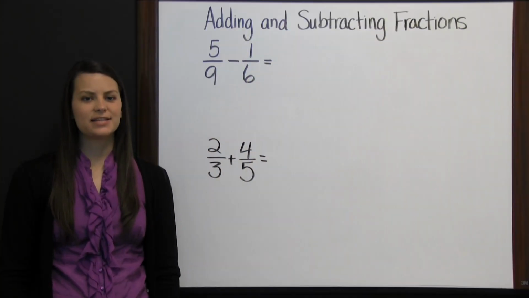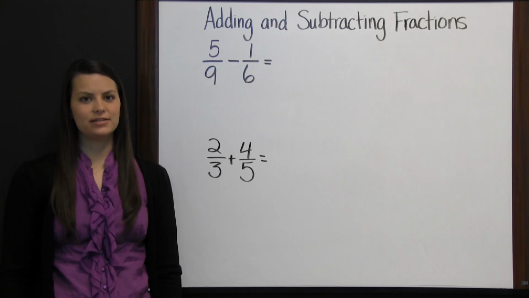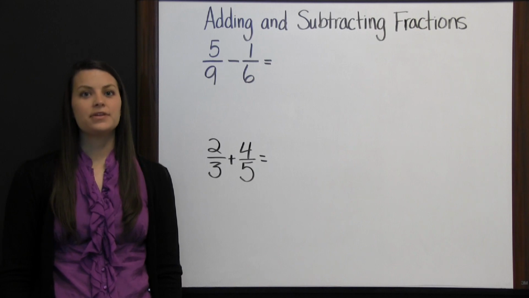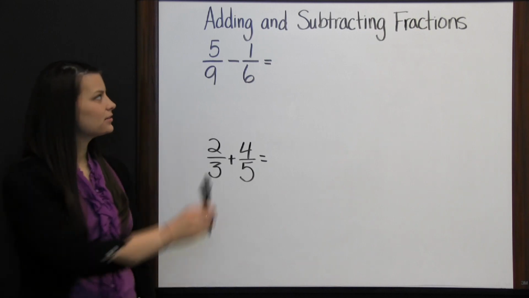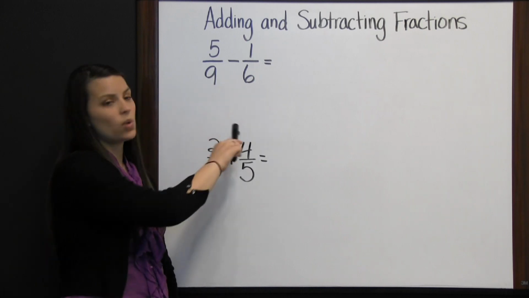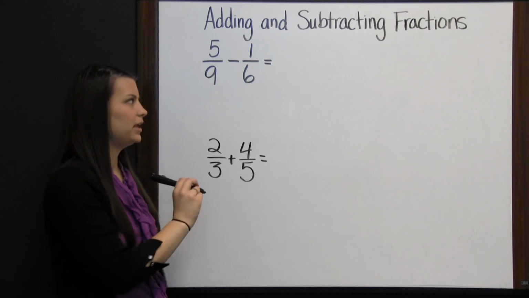Adding and subtracting fractions. To add and subtract fractions, first make sure that the denominators are the same. If they aren't, like in 5/9 minus 1/6, then we need to find the least common denominator.